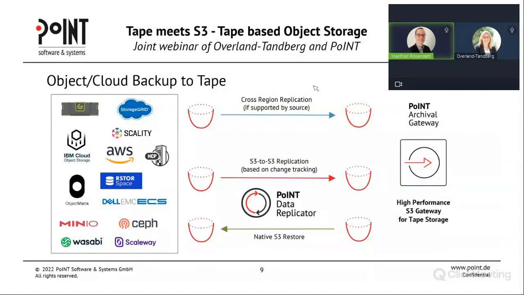In this case, we recommend to use the advanced option on the PoINT data replicator, which works by using the bucket notification. Now, this means the data replicator is informed about new objects, which it then copies to tape.